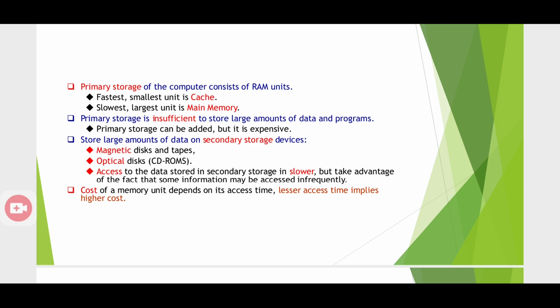Comparing these four, the fastest and smallest memory is the register, and the slowest memory is secondary storage. Between cache and main memory, the fastest is cache and the slower is main memory.